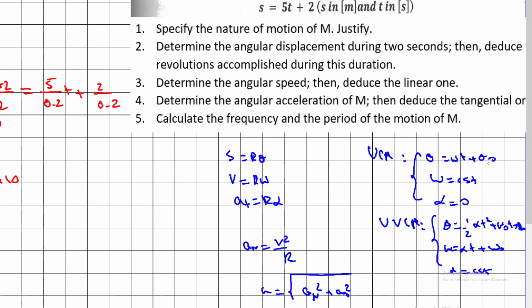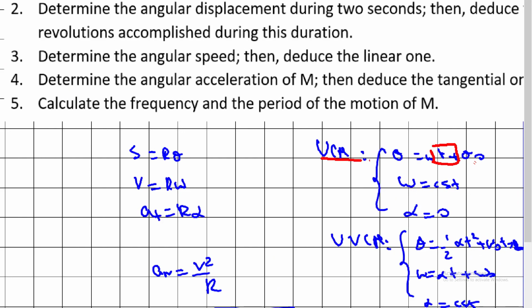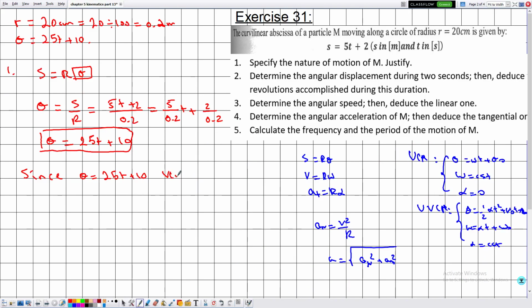Whenever theta is linear in time, this means that the type of motion is UCM. It verifies the general form theta is equal to omega t plus theta 0. Then the type of motion is UCM.